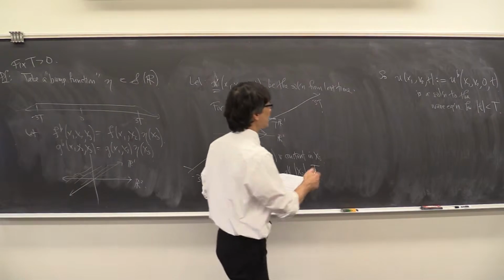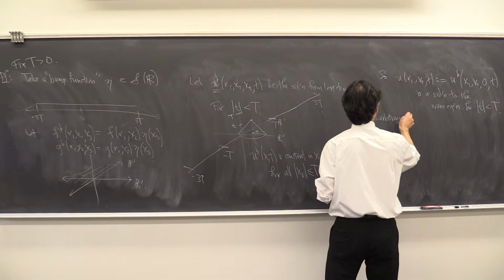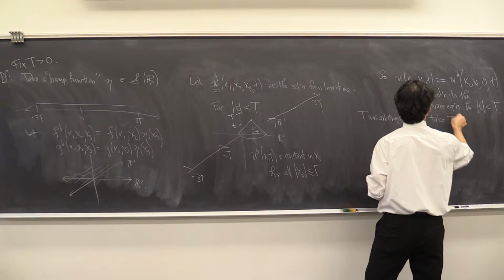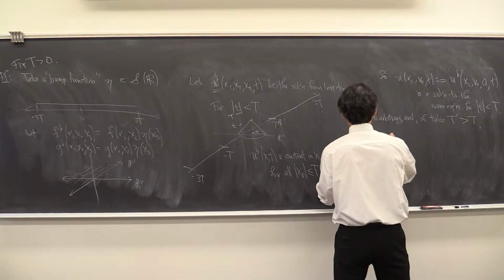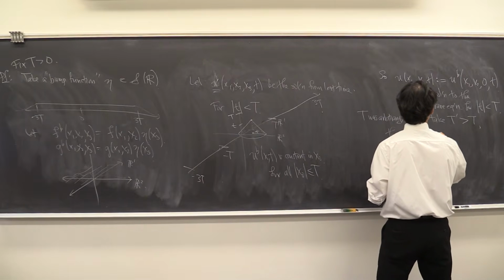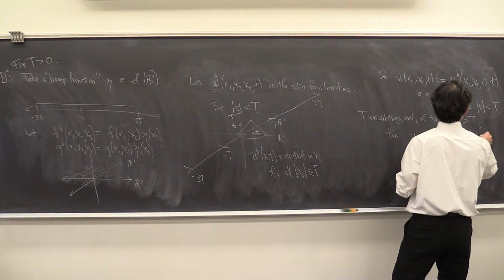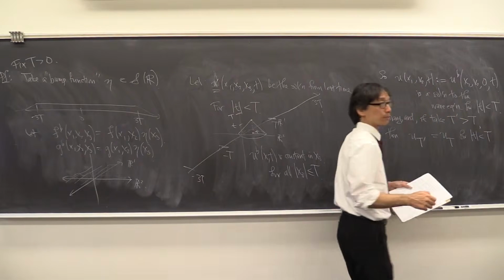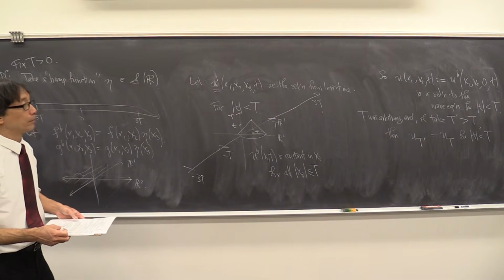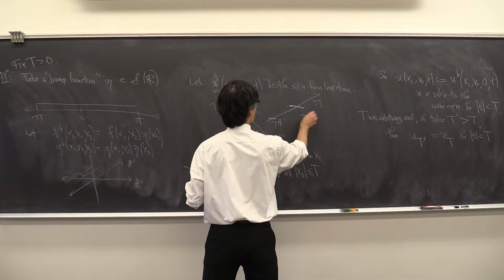But the thing is that T was arbitrary. If we take a T prime that's bigger than T, then the solution for the big one agrees with the solution for the smaller T, for t smaller than the smaller T. Does that make sense?